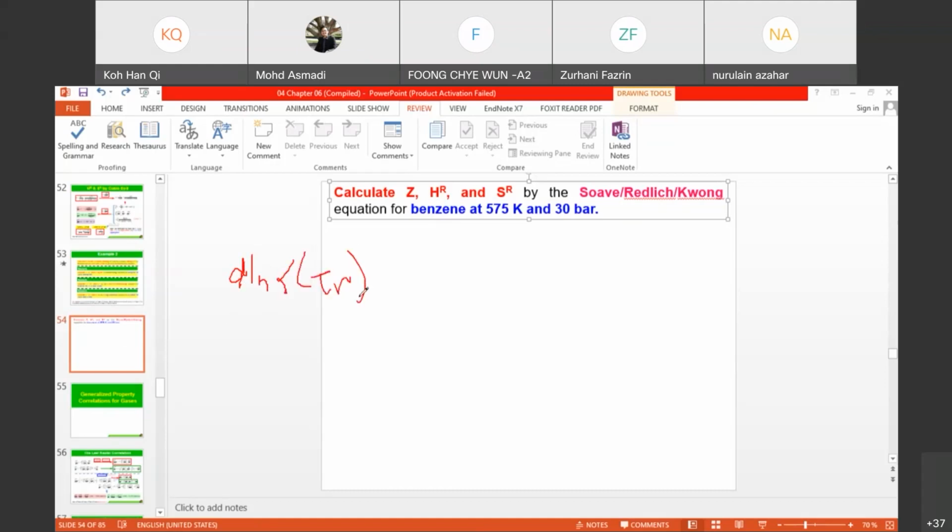This one, TR d ln alpha over d ln TR equals negative c TR divided by alpha to the power 0.5. For Redlich-Kwong it is equal to negative half, right? Negative half. So please take note of this one.